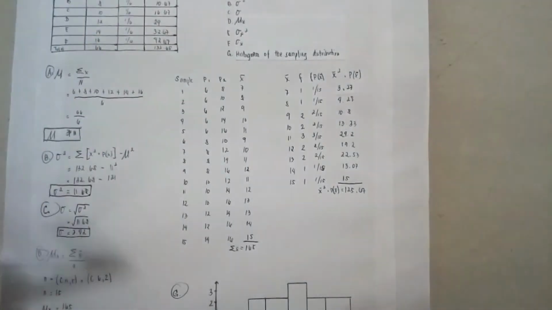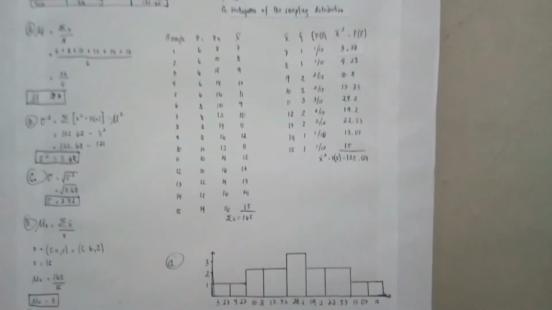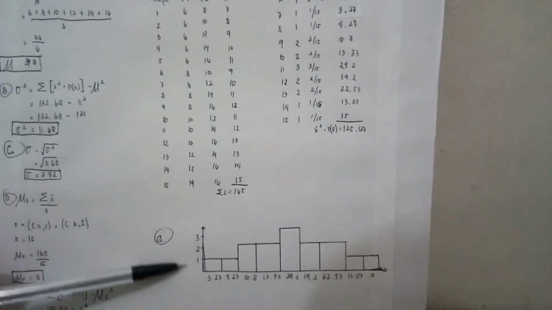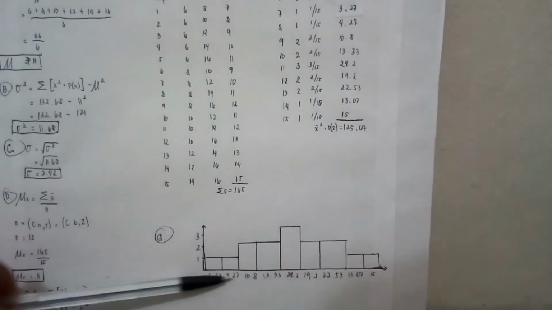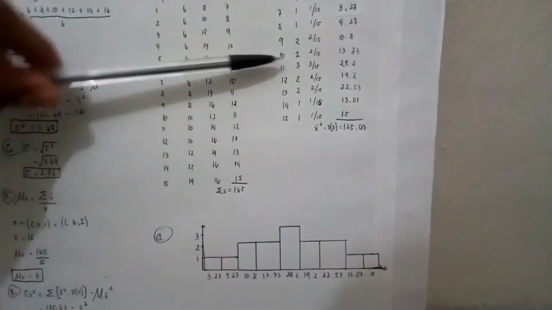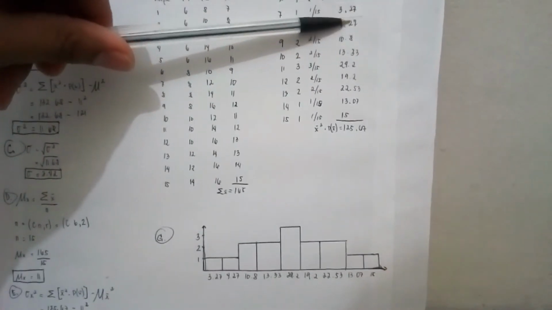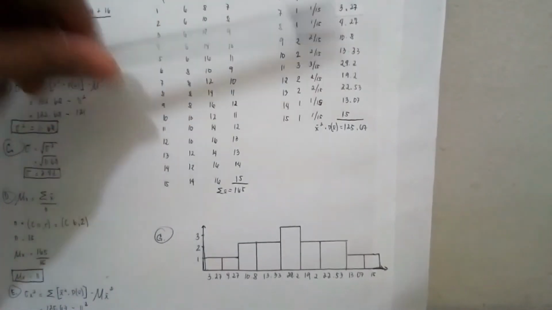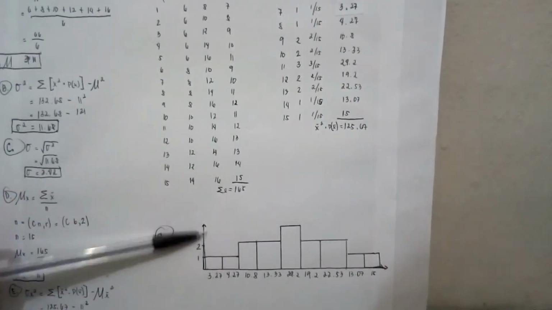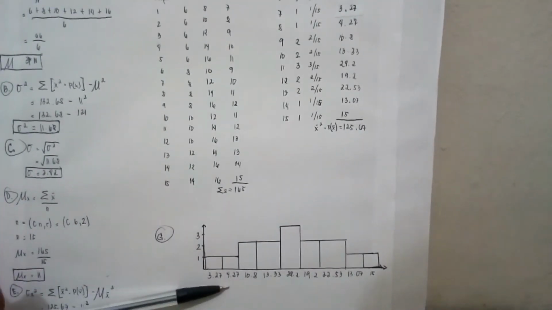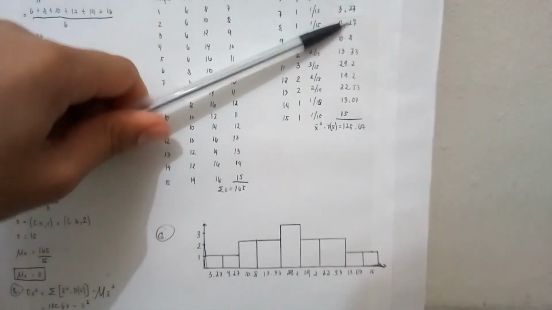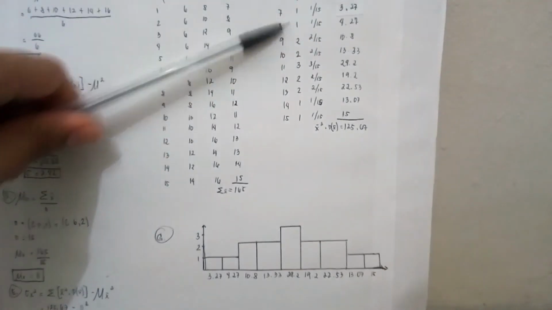Ito, letter G. So, ito yung histogram. Paano ito naging ganito? So, dinistribute lang natin. Mga ito, ilalagay natin dito. Then, ito yung frequency and the x. So, ang 3 is mayroong frequency na 1.